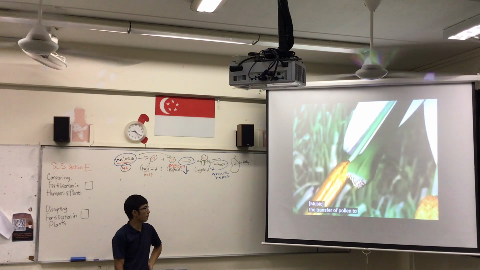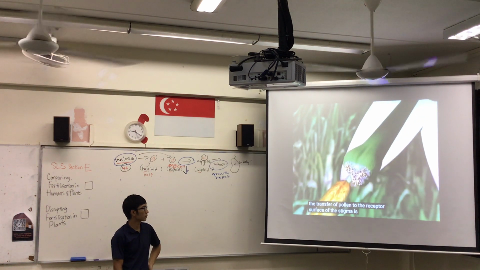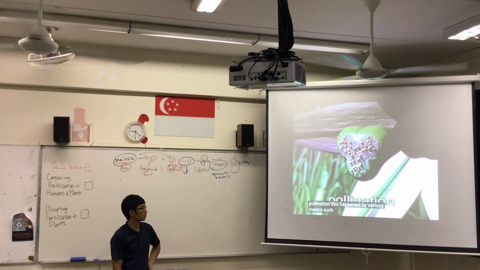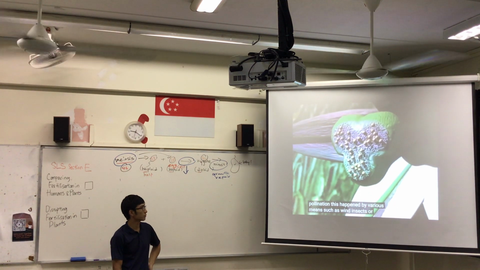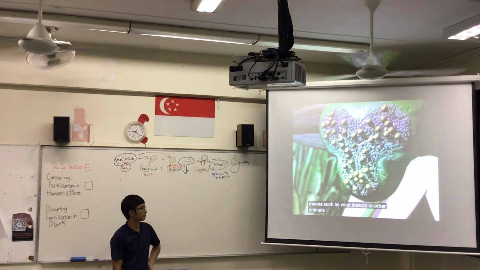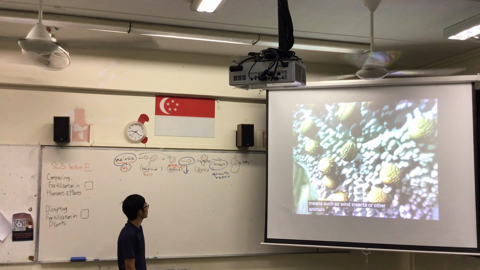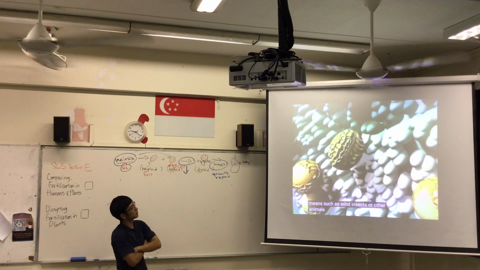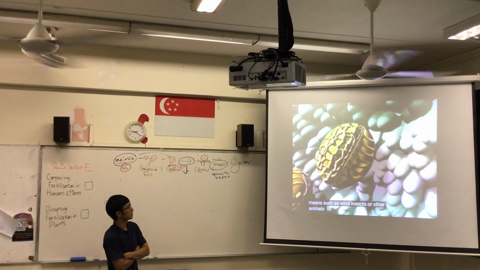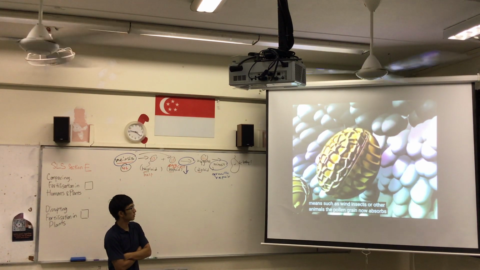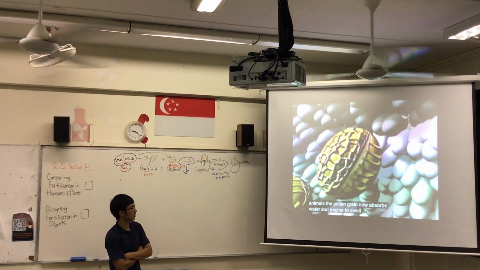The transfer of pollen from anther to the surface of the stigma is called pollination. This is handled by various means, such as wind, insects, or other animals. The pollen grain now absorbs water and begins to swell.